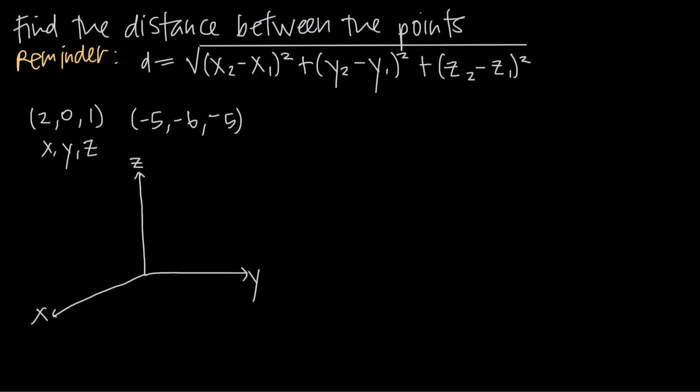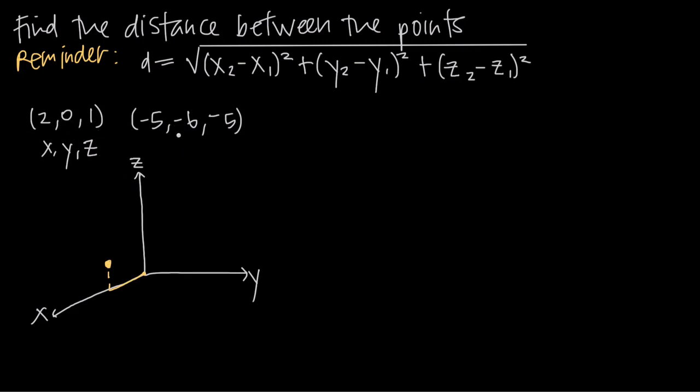So x is equal to 2, so we start at the origin and come out along the x-axis maybe 2 units, so this distance is 2. Then the y value is 0, so we don't move in the positive or negative direction of the y-axis at all, we stay right here. Then the z value is 1, so we go up along the z-axis 1 unit, and maybe we get to this point right about here in three-dimensional space, and that would be the point (2, 0, 1).